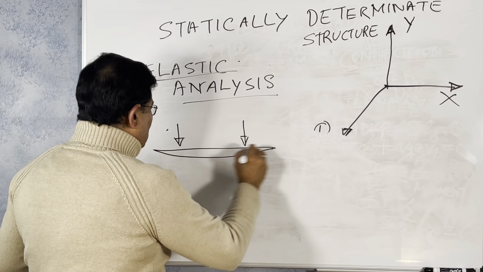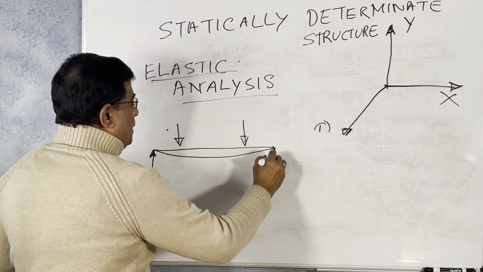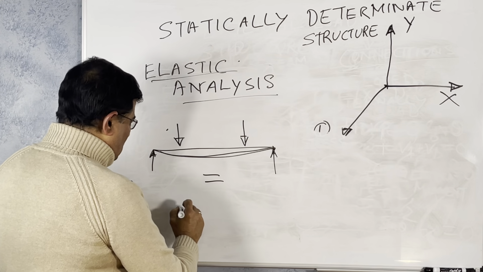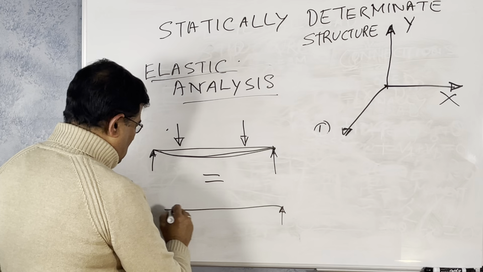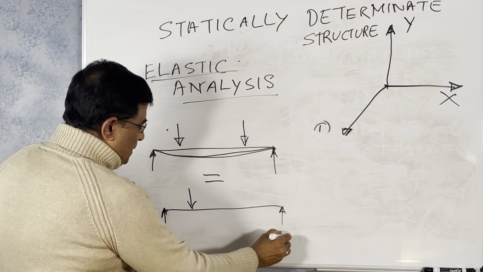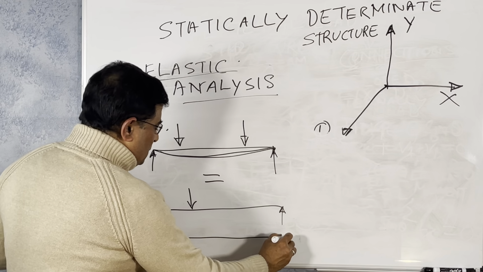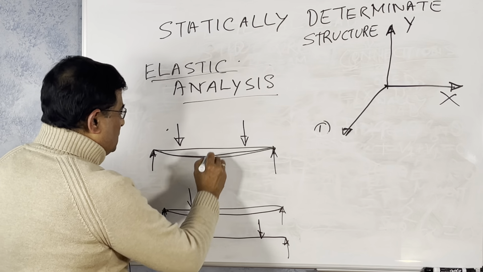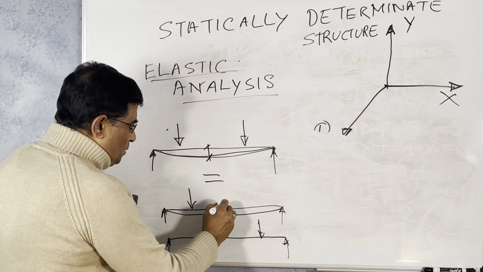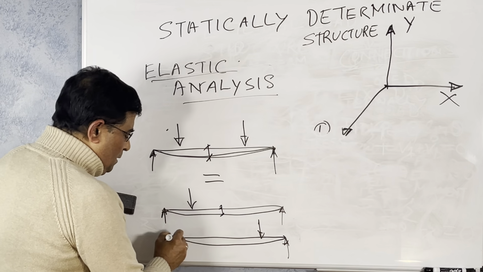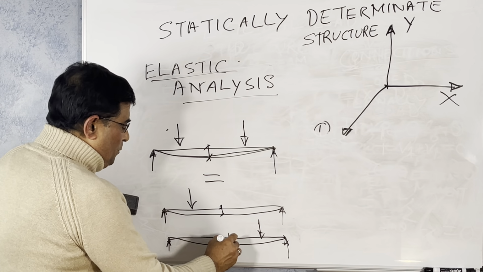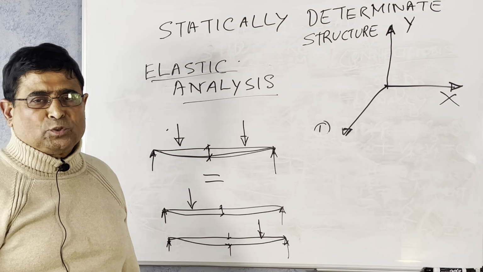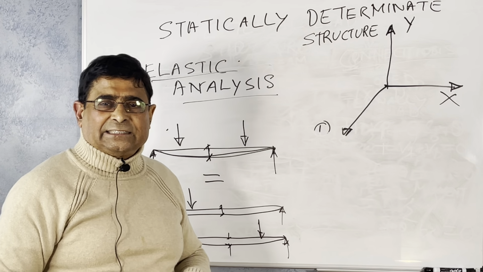Method of superposition means if two loads are applied, the deflection is equal to applying one load, and then applying the other load. Suppose you want to find the deflection in the middle: deflection caused by this load plus deflection caused by that load, added together, gives this deflection. Similarly, the stresses also. It is the method of superposition, which is only possible because it is elastic analysis.